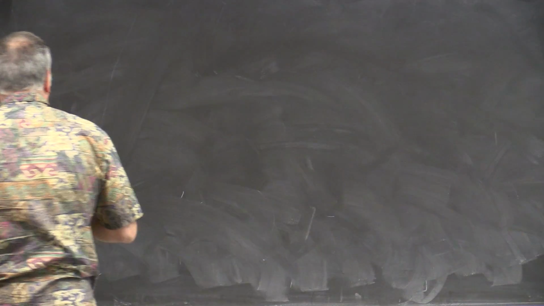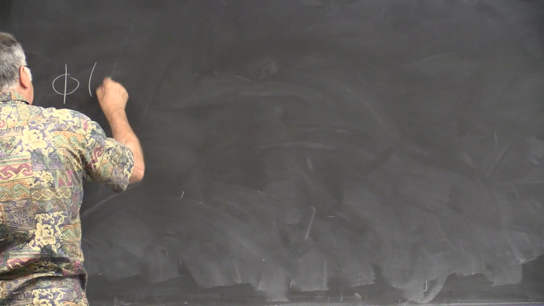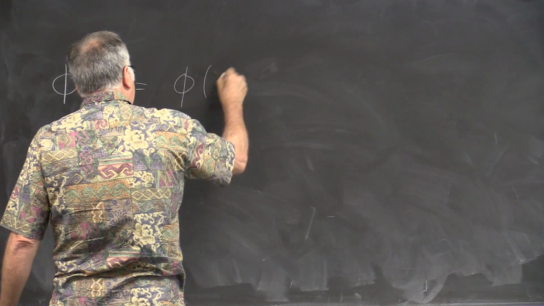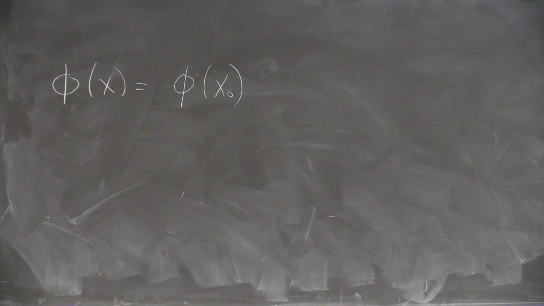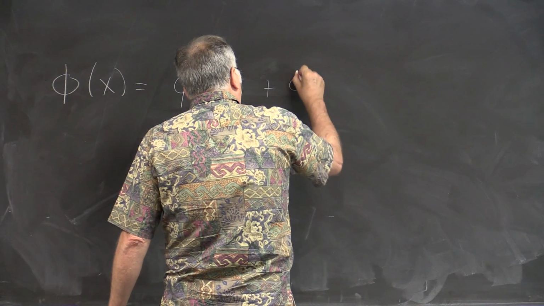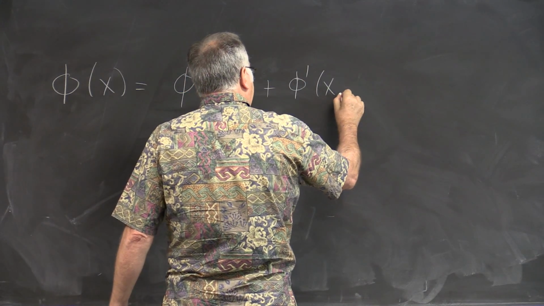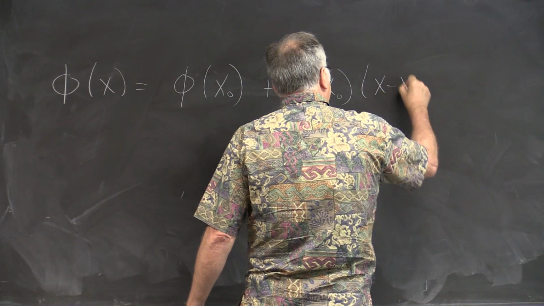Let me rewrite Taylor's formula. Phi of x is equal to phi evaluated at x of 0. That's a specific value of x, called the point of expansion. Plus the second term is going to be phi prime of x evaluated at x of 0 times x minus x of 0.